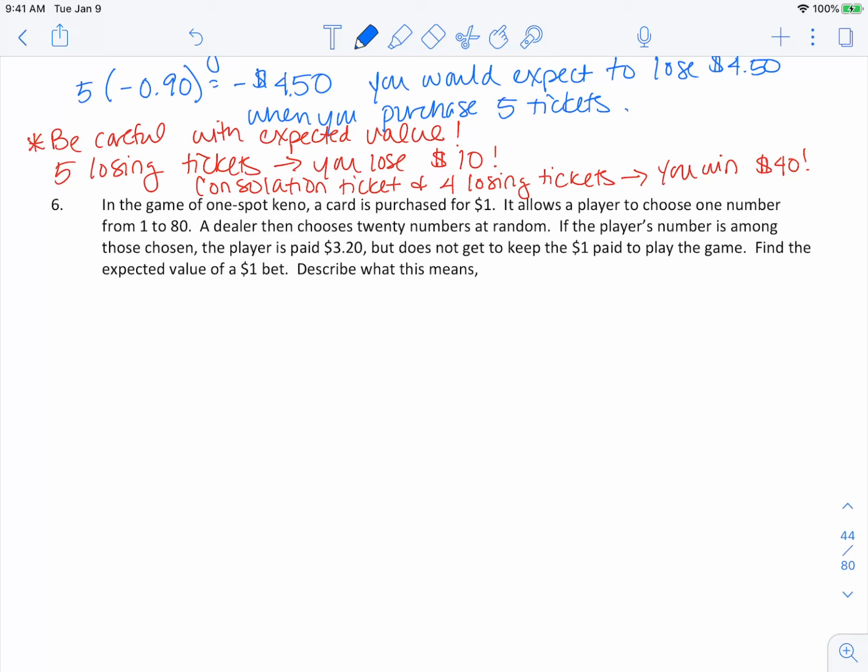Okay, so I'm going to start by making a little chart first. So our outcome, we're either going to win, meaning your number's chosen, or you're going to lose, which means your number is not chosen.